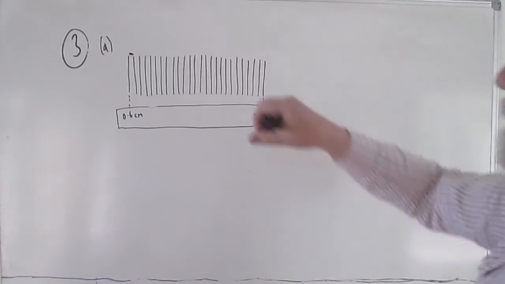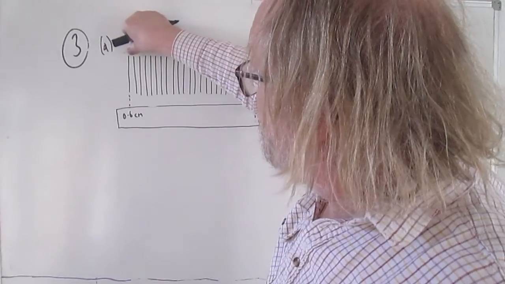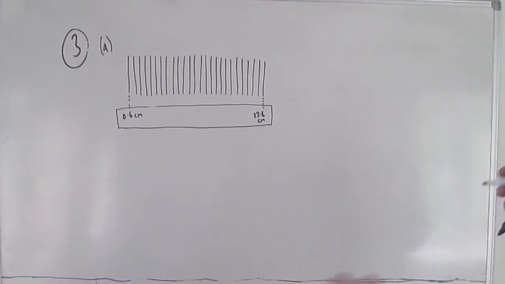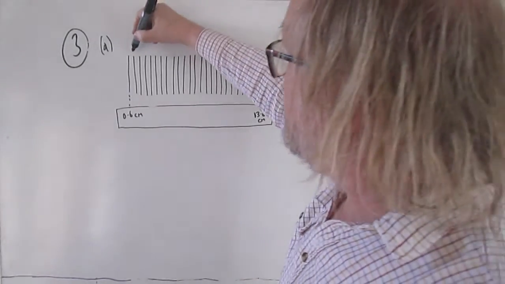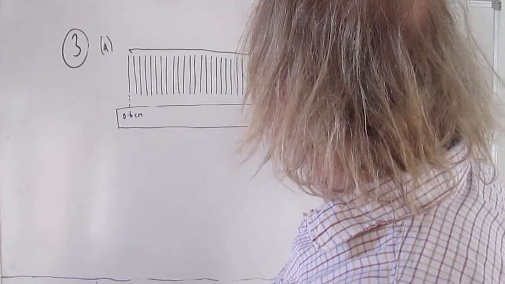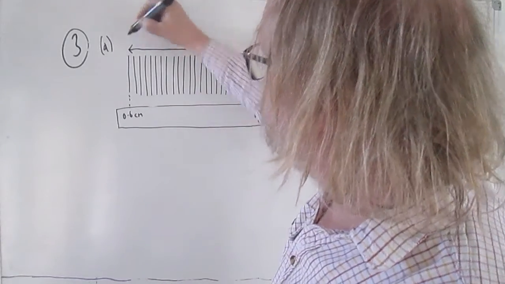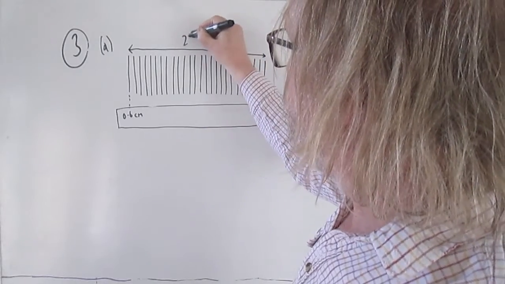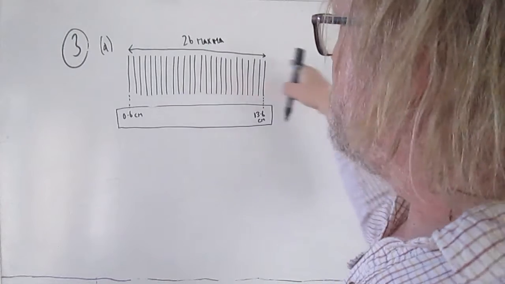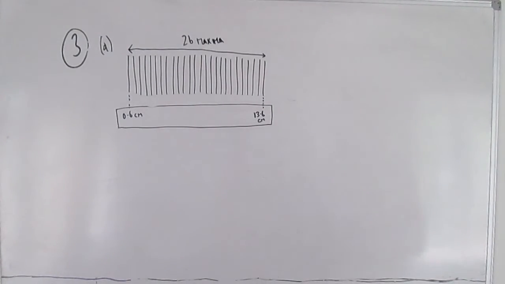So what you do is you try to measure, remember, as big a number as you can, because that minimizes the percentage uncertainty. So ideally the thing to do is count the total number of maxima there, and you find that there are 26 maxima if you count all the way through there.